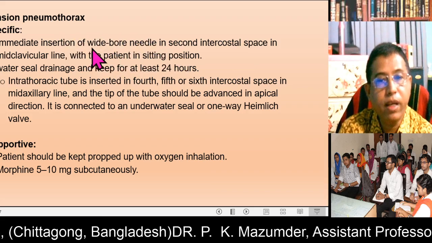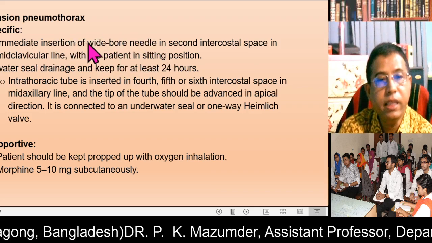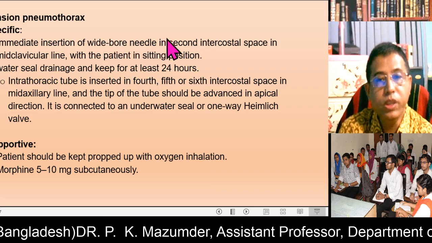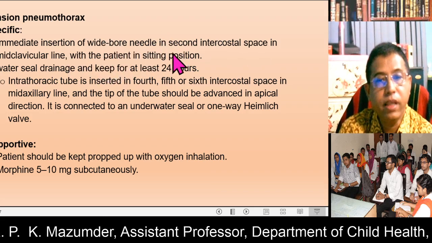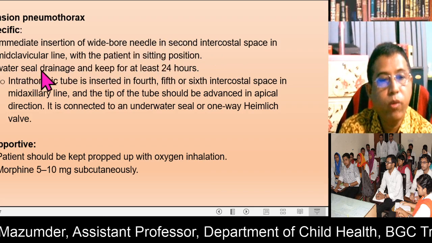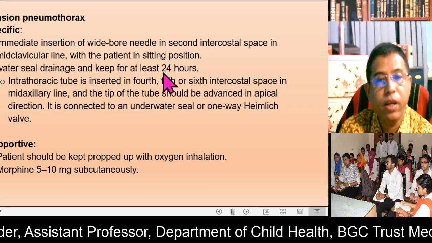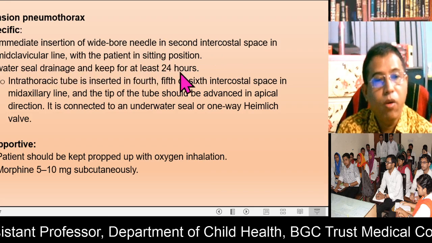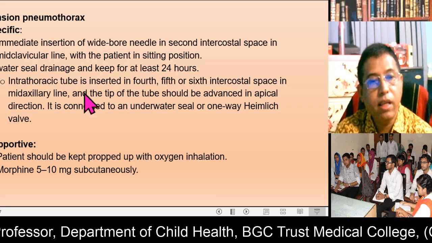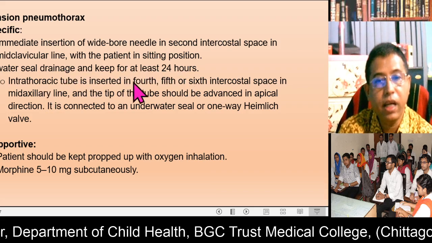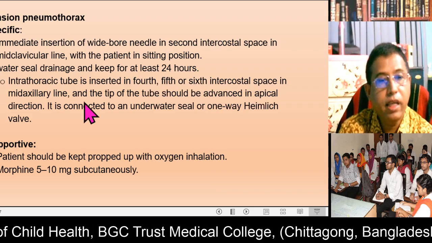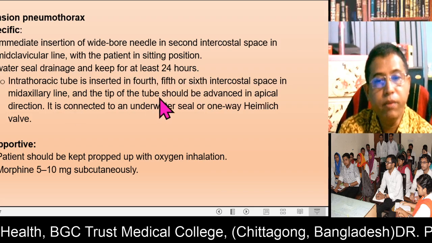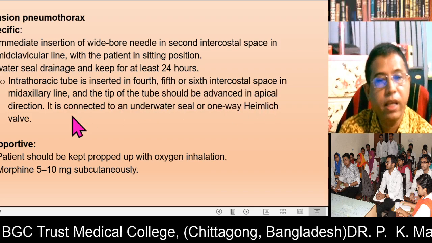And what is the treatment? Your answer is immediate insertion of a wide bore needle. Which space? Second intercostal space in the mid-clavicular line, with the patient in sitting position. And then water seal drainage, kept for at least 24 hours. Where water seal drainage is given, the intercostal tube is inserted in the 4th, 5th or 6th intercostal space in the mid-axillary line, and the tip of the tube should be advanced in an apical direction.